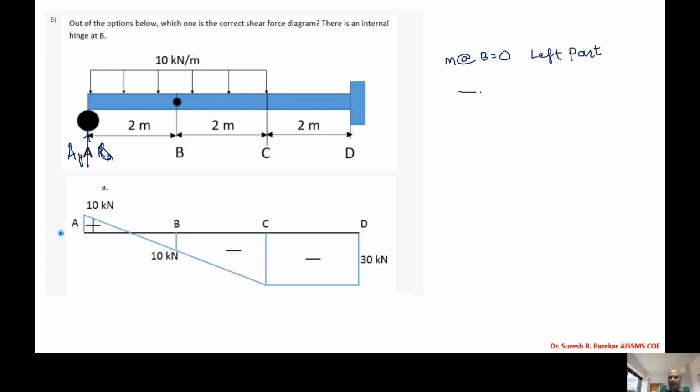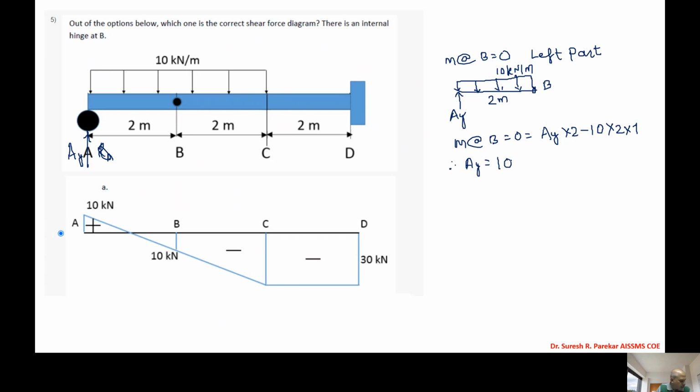Now considering the left part, if we consider only 2 meters, then we have AY and this is 10 kilonewton per meter. This is B. Then we have moment about B equal to 0 equals AY into 2 minus 10 into 2 into 1. And therefore we will get AY equal to 10 kilonewton.